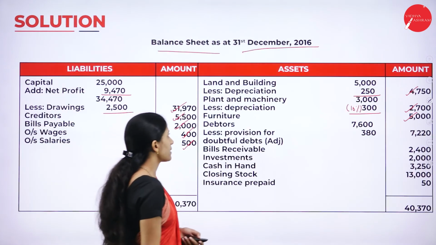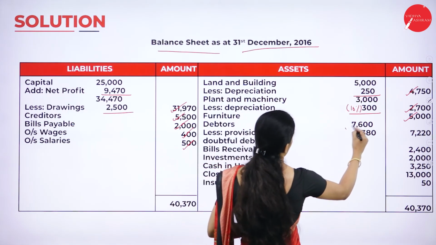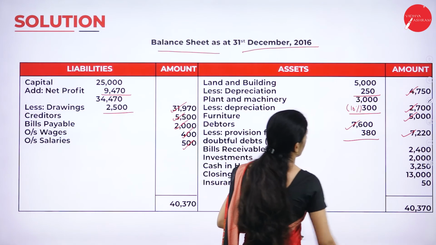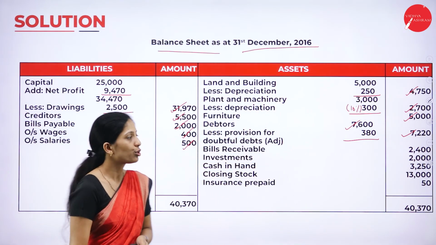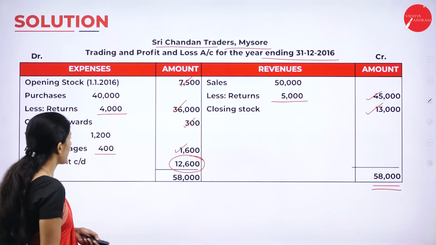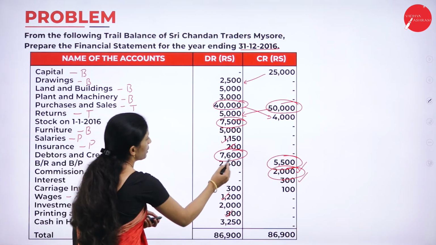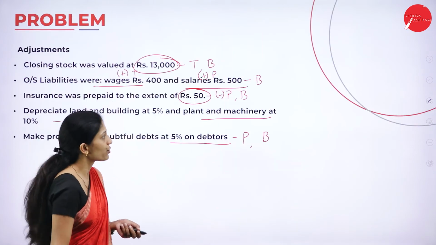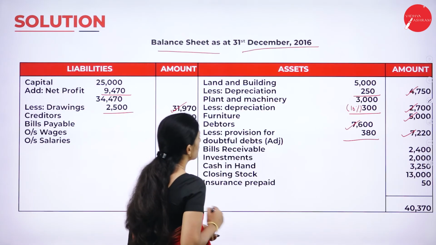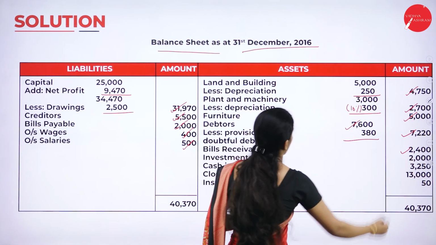So just subtract that. Debtors 7,600 minus provision 380, so we'll get 7,220. The next asset is bills receivable 2,400. No adjustment, so write directly bills receivable 2,400.